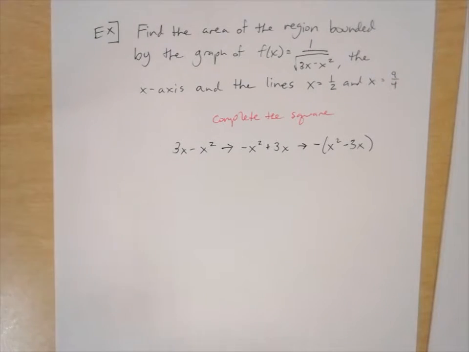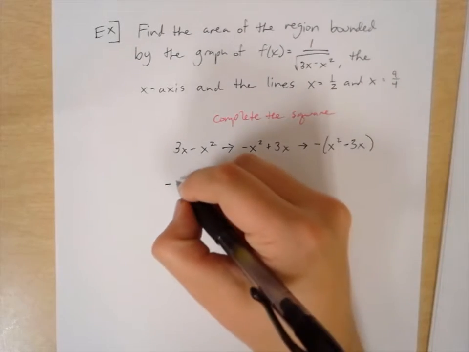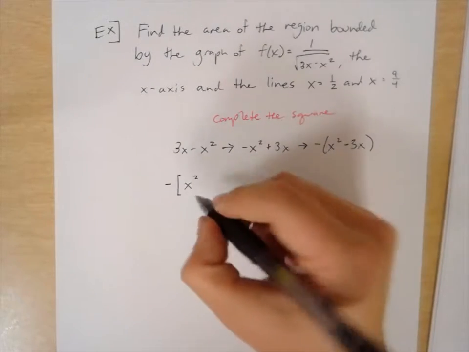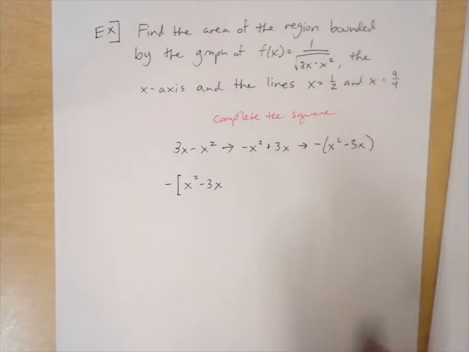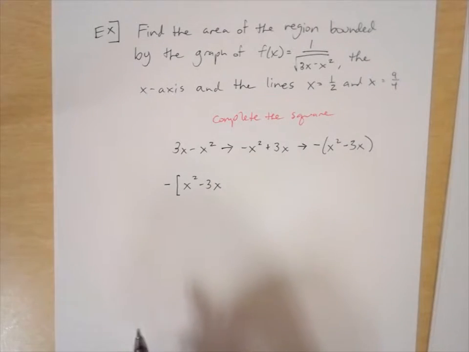Now we're going to complete the square with this piece here, with our negative x squared minus 3x. So here's what we could set that up as. We could have a negative on the outside of, I guess I should use brackets now, x squared minus 3x, and now is when my b value is going to come in handy.